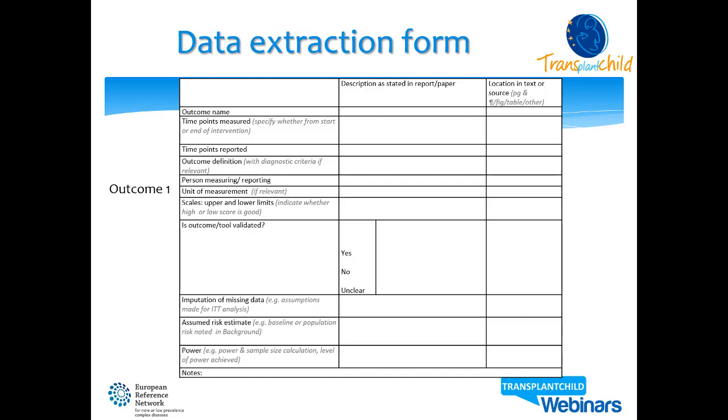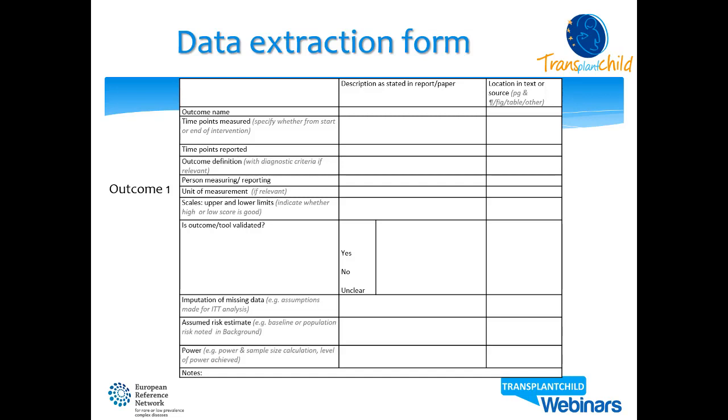So have a look at the outcome definitions we have done in the previous weeks or the previous months, and match that, right? So person measuring or reporting, again, if it's stated in the paper, is fine. If not, it's not a big issue for us because we are not expecting to have any blinded studies.